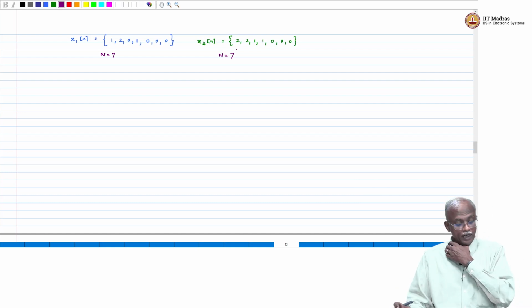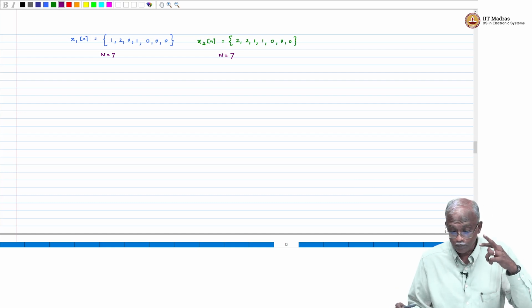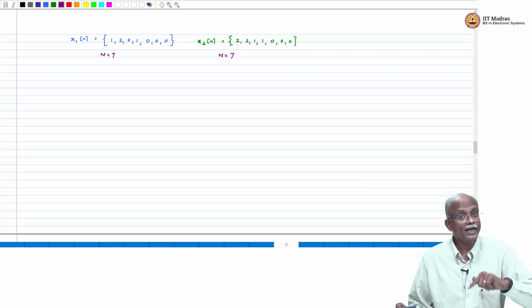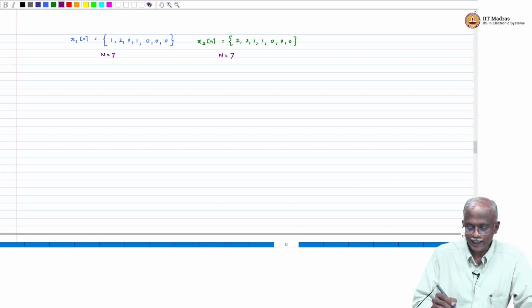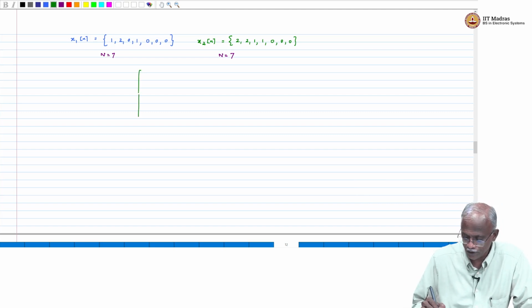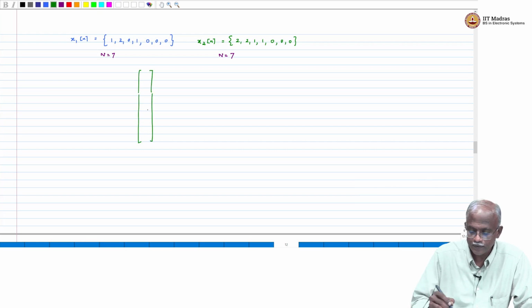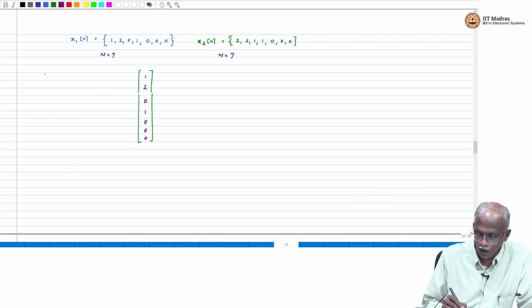Now, if I were to tell you, please write down the matrix form of the circular convolution for these two sequences, follow exactly the same procedure. Let us say that x1 will not be time reversed. So, you will basically have the sequence written as a vector. The vector will be 1, 2, 0, 1, 0, 0, 0. And what about this matrix?